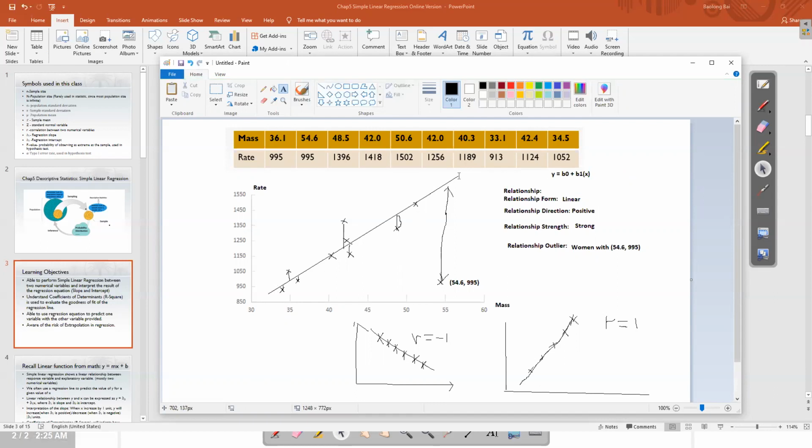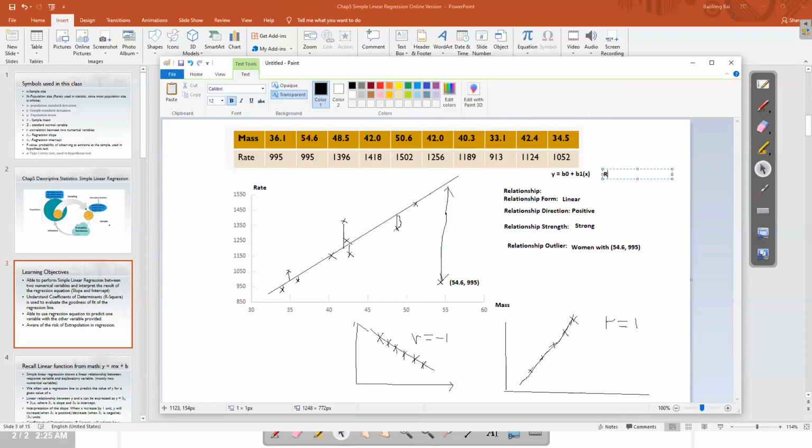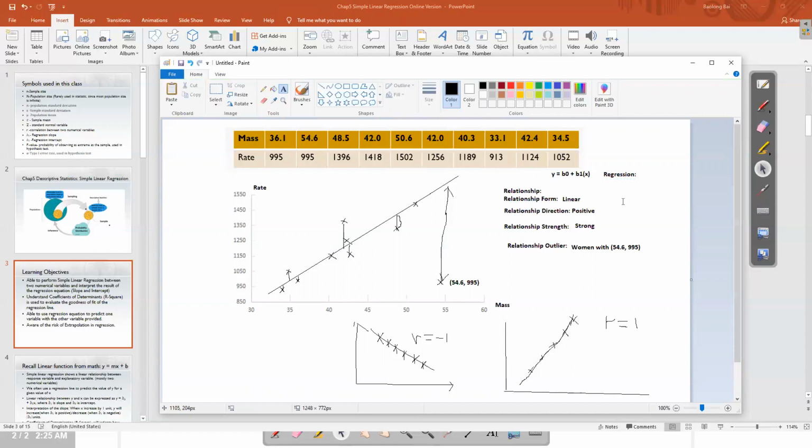So if there is a linear relationship, can we quantify it by finding the slope and intercept? That process is called regression. The regression process is basically to find the slope and intercept so that you can find the linear relationship that best explains the relationship between the two variables.